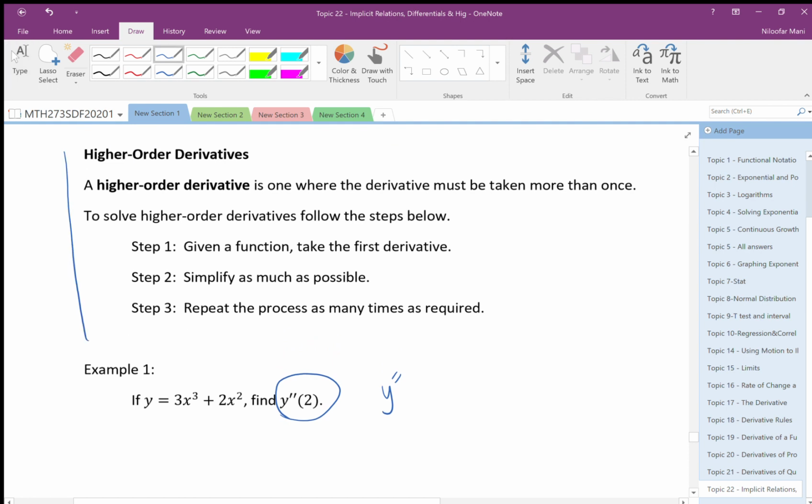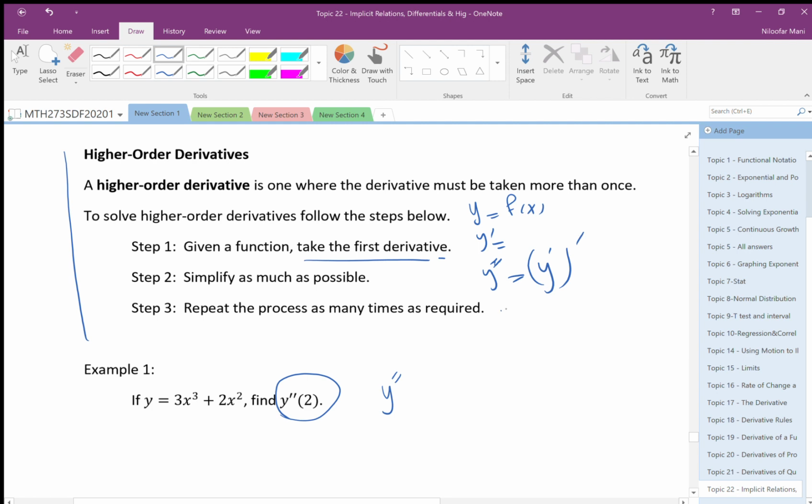Okay, step 1, you have a function, you have to do the first derivative, and then if you want to do second derivative, you do derivative of derivative. So you have y equal f(x), this is first derivative, and this is second derivative, but how do you find it? It's derivative of derivative, so you do derivative again.